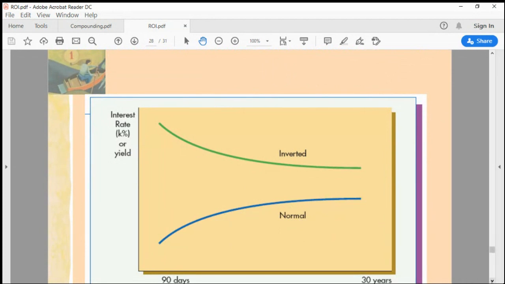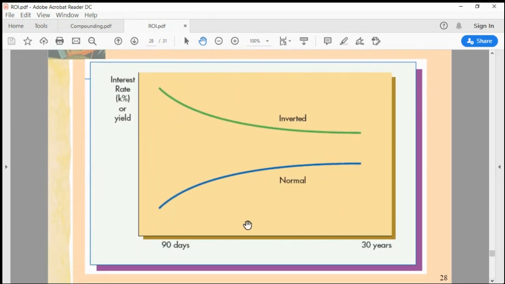This blue curve represents the plots of the returns from short term to long term, and it's quite logical and easily understood why the long term bonds have higher returns, right?